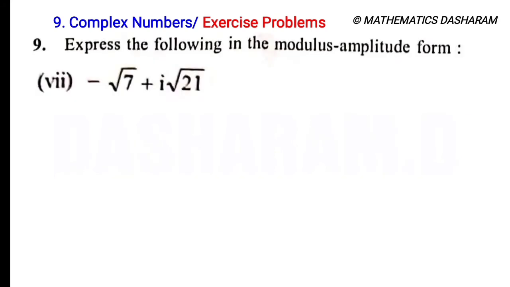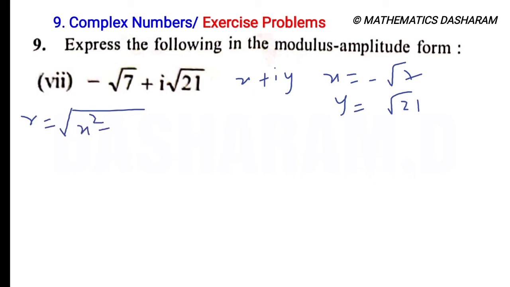Seventh question, minus root 7 plus i root 21. Compare with x plus iy. Then x value is minus root 7 and y value is root 21. First the modulus, that is r, equals under root x square plus y square.